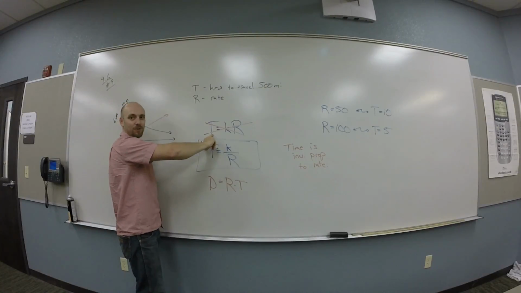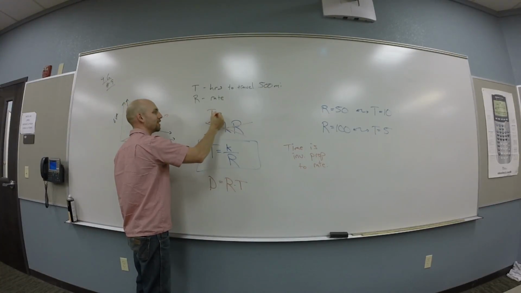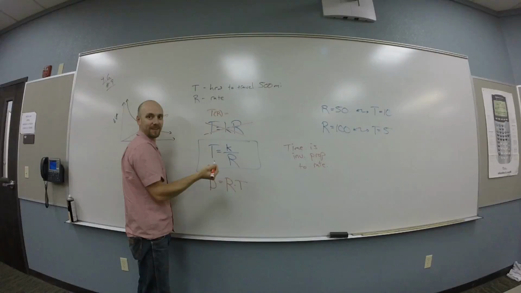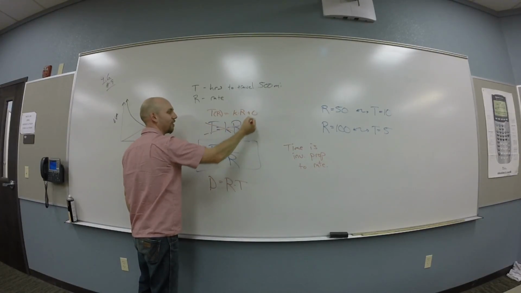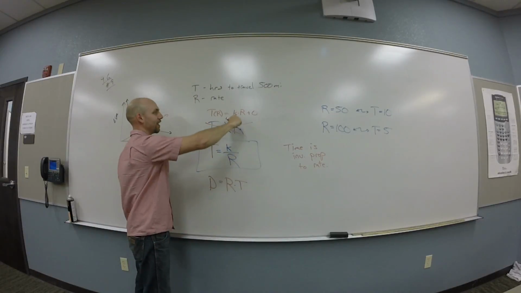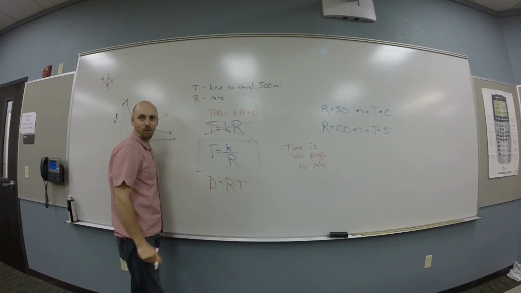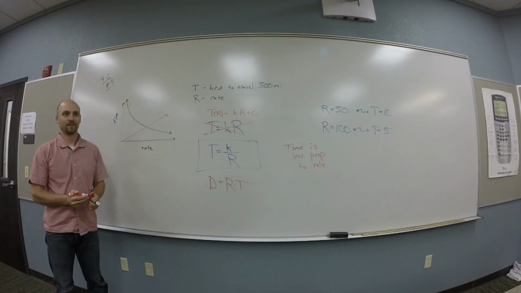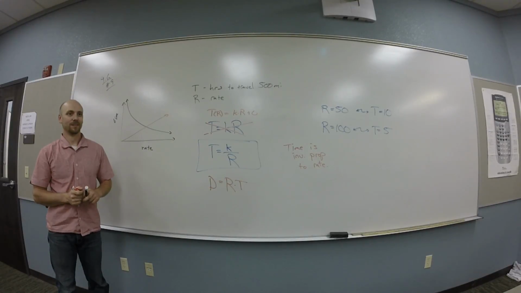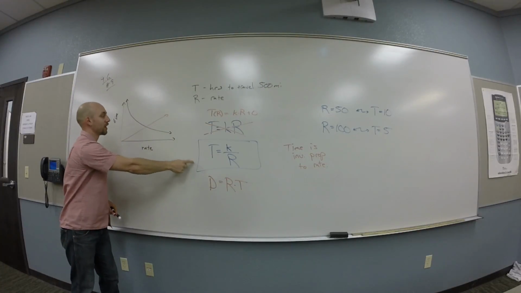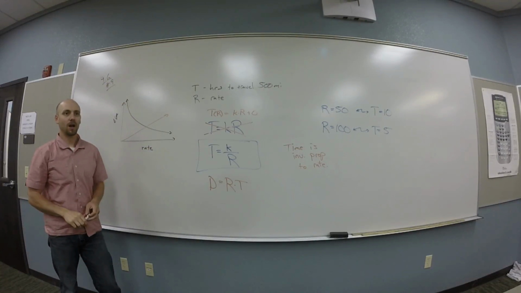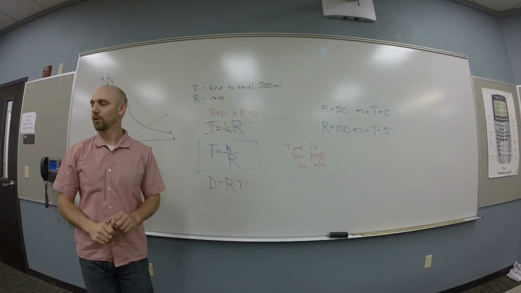If you thought about this as time as a function of r, that's some k times r plus 0. There's your mx plus b form. Yeah? So the one we crossed out corresponds to a line, and the one we picked is this kind of hyperbola thing. Cool? Questions?